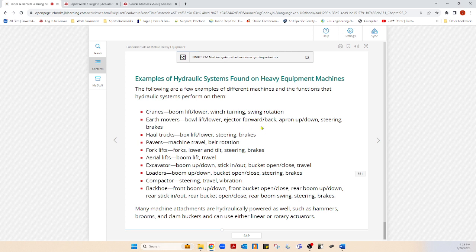I think they're talking about a scraper here, so you visualize a scraper. It has one rotary requirement, and that's if it's a paddle wheel scraper, right? The rest is linear. You need to know all this stuff.